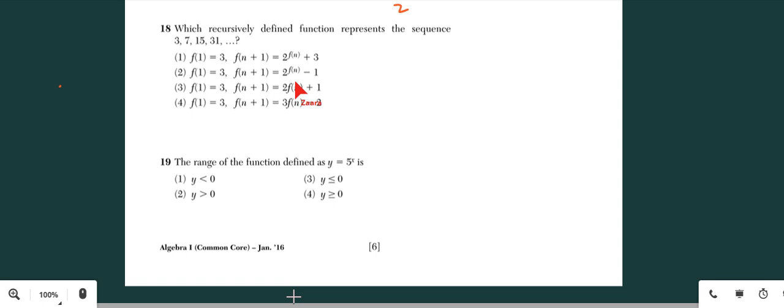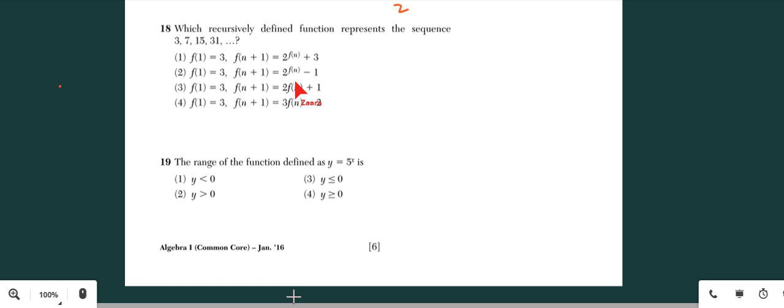So look quickly, we are calculating f of 2. When we substitute, 3 times 2 will become 6, 6 plus 3 is 9. So it is not 7. 6 minus 1 is not 7.